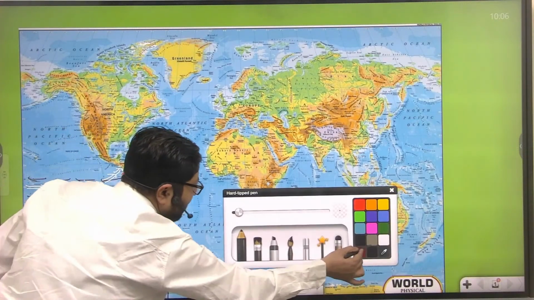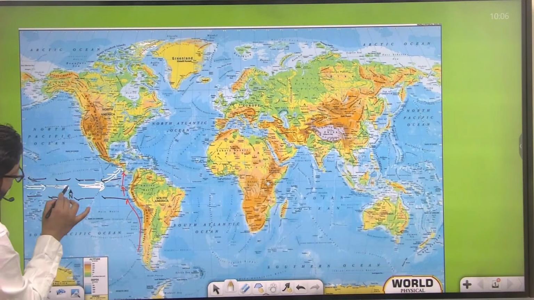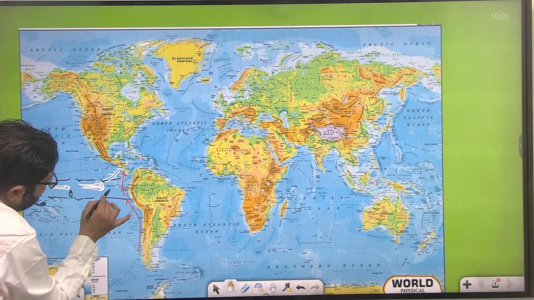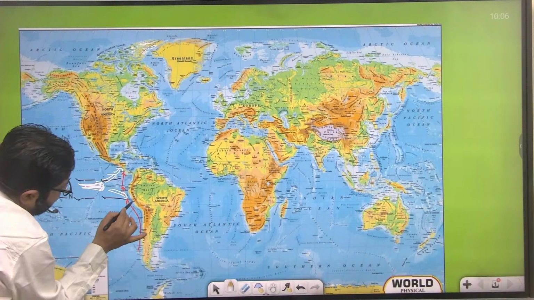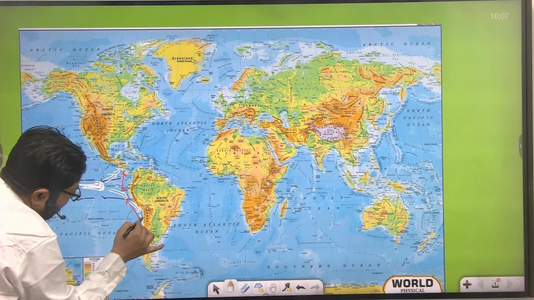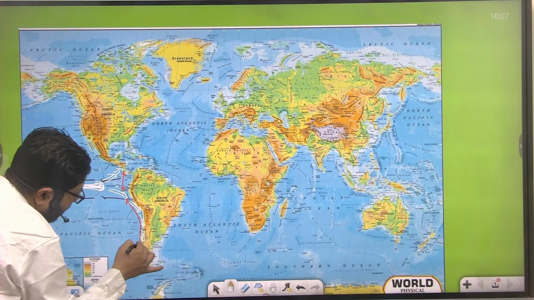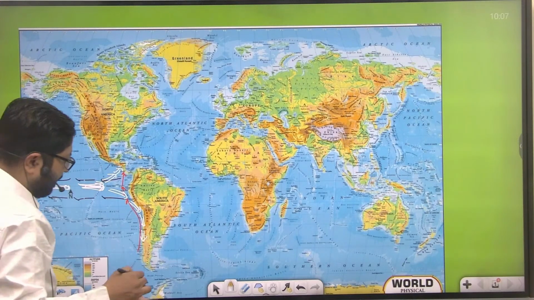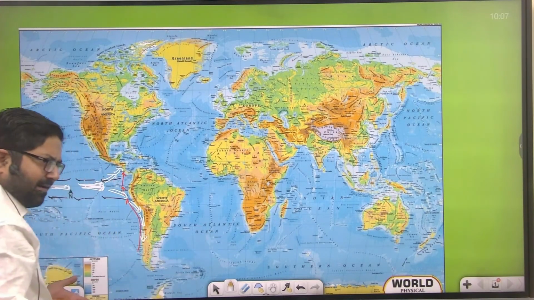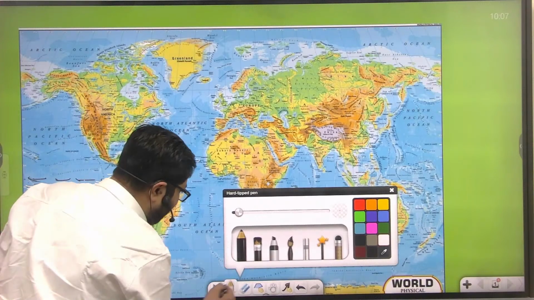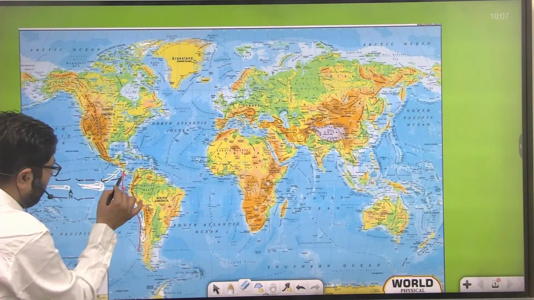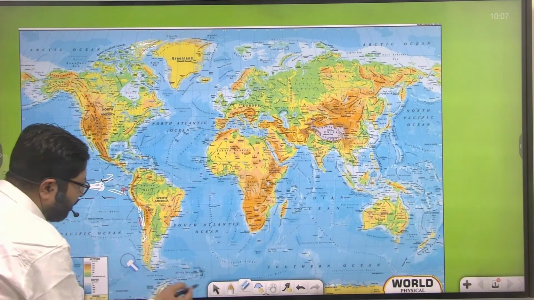This counter current also turns southward, and guided by the projecting coast of South America, this warm water of counter current moves south. This happens every year. So every year what we see?